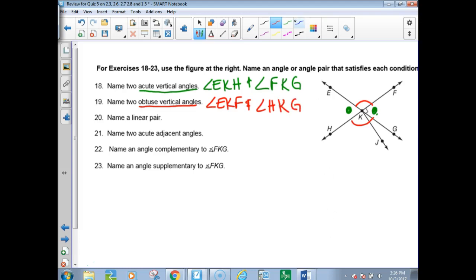All right. Now I want a linear pair. I'm really tired of hearing myself. Someone give me a linear pair? I don't care what pair you give me. Will you try it?